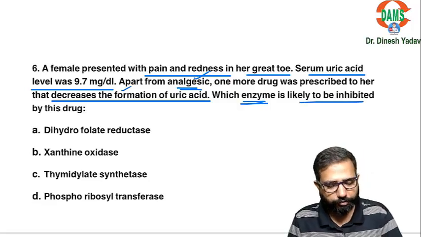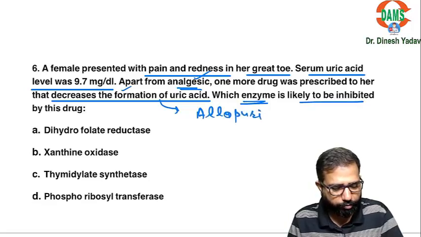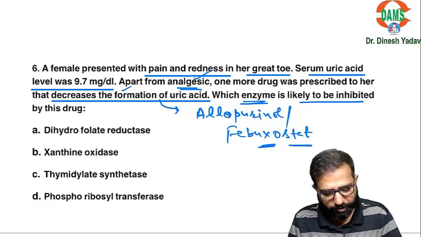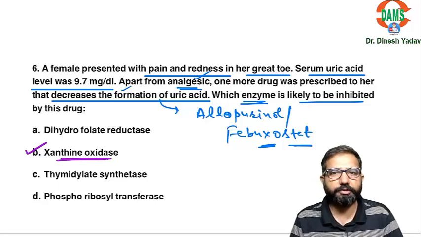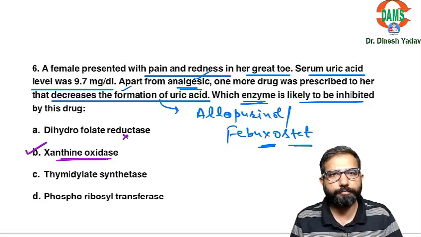The drug we are using is allopurinol or febuxostat, xanthine oxidase inhibitors. So the xanthine oxidase enzyme is blocked by these drugs. Dihydrofolate reductase, that is for methotrexate.